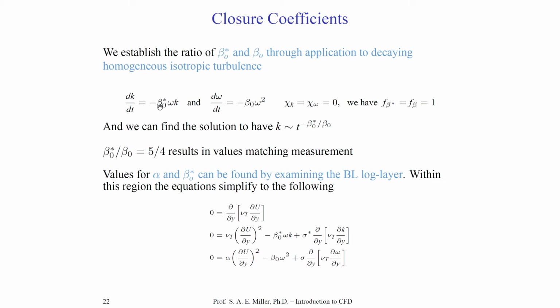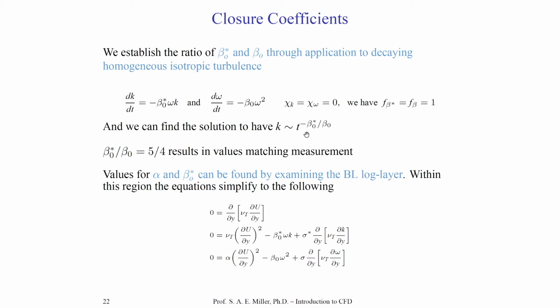And of course, through these three equations and the fact that script x must be 0 for k and omega in the equations because those terms are 0, we'll find and close part of the model analytically, which is f beta star and f beta, which must be 1. Through these equations, now we can argue, and the original k omega equations, that the turbulent kinetic energy must go as t to the negative beta naught star over beta.